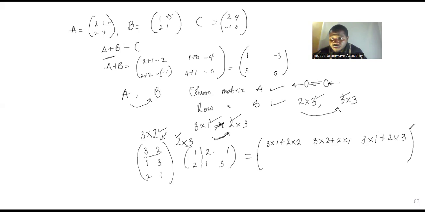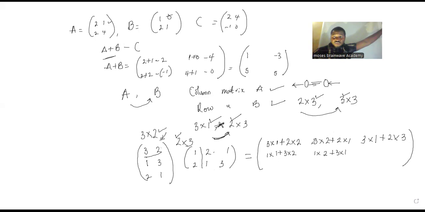Good. So we now go to the next row, which is this. We now have 1 multiplied by 1 plus 3 multiplied by 2. Let's be fast. We now have 1 multiplied by 2 plus 3 multiplied by 1.